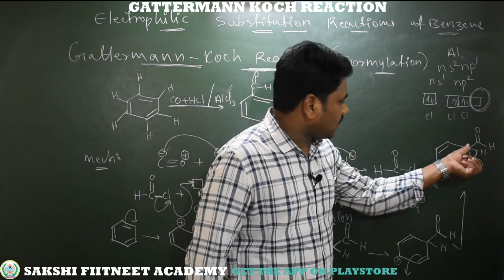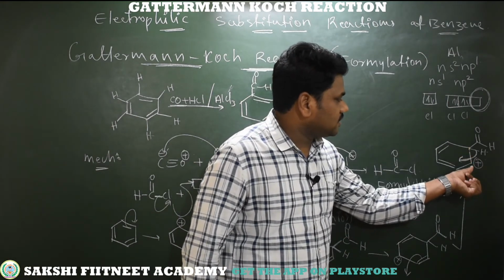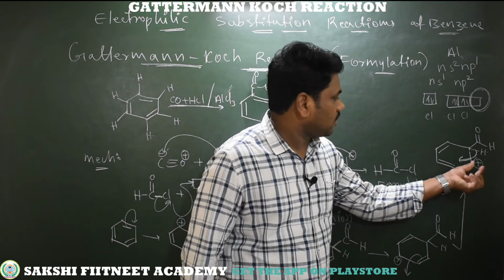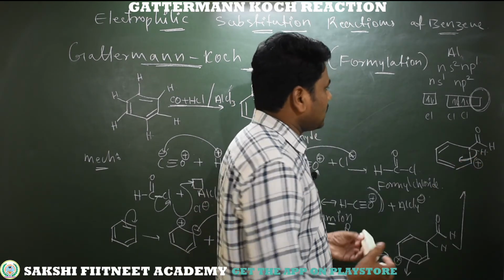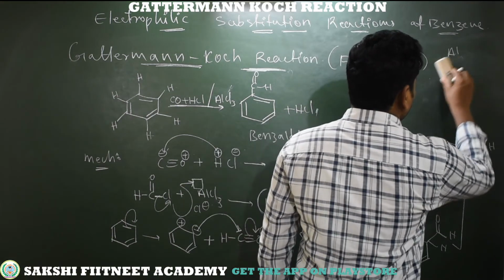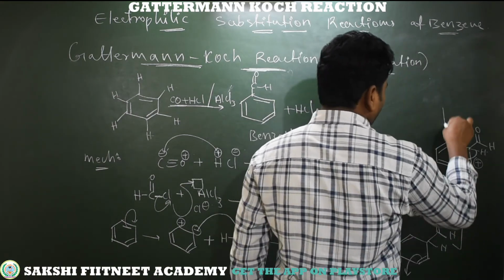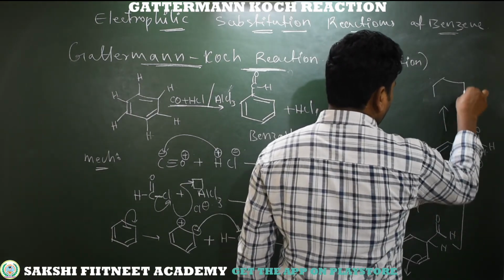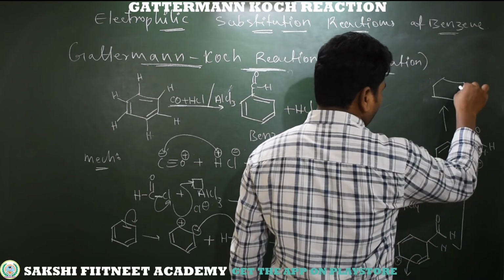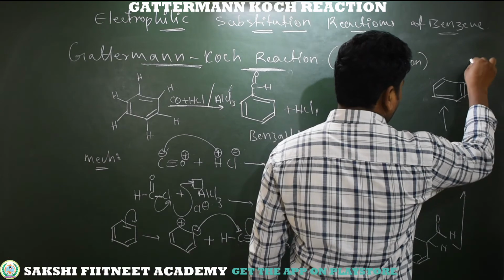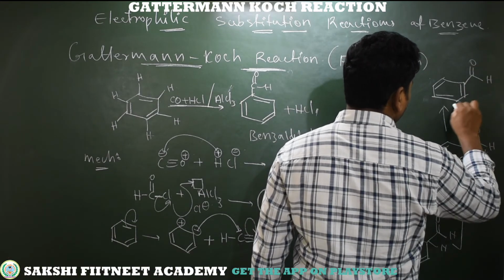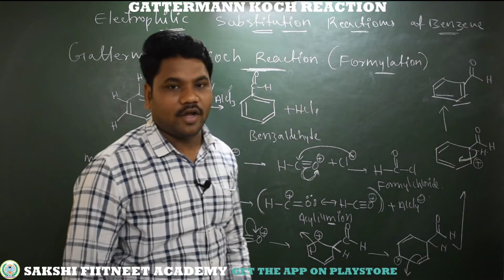Now we are getting a carbon to carbon pi bond, this carbon becomes neutral, and hydrogen comes out as H plus. Then next we get the major product, that is benzaldehyde. See, pi bond here, then C double bond OH. So we got benzaldehyde, which is the major product.